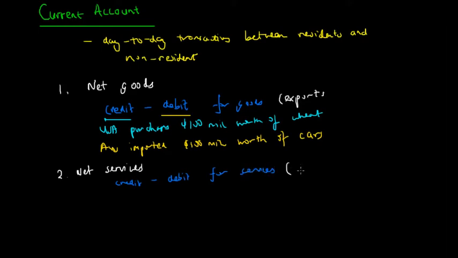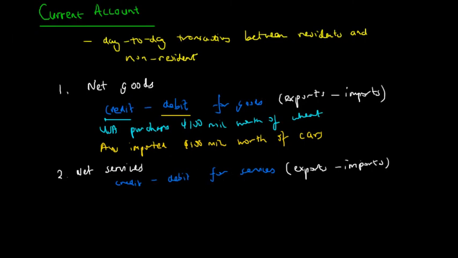And again, this represents exports, which are credits, minus imports. So exports minus imports for net goods, and exports minus imports for net services.